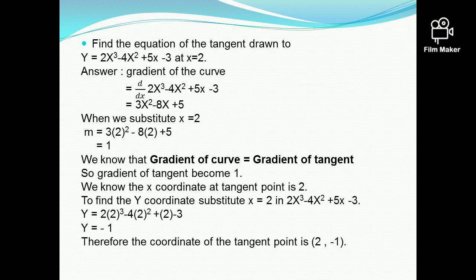When you substitute x equals 2 into the equation, you receive the y coordinate as minus 1. That means the coordinate of the curve where x equals 2 is (2, minus 1). We know that the tangent and the curve both traverse the same point, therefore the tangent should pass through (2, minus 1) as well as the curve.